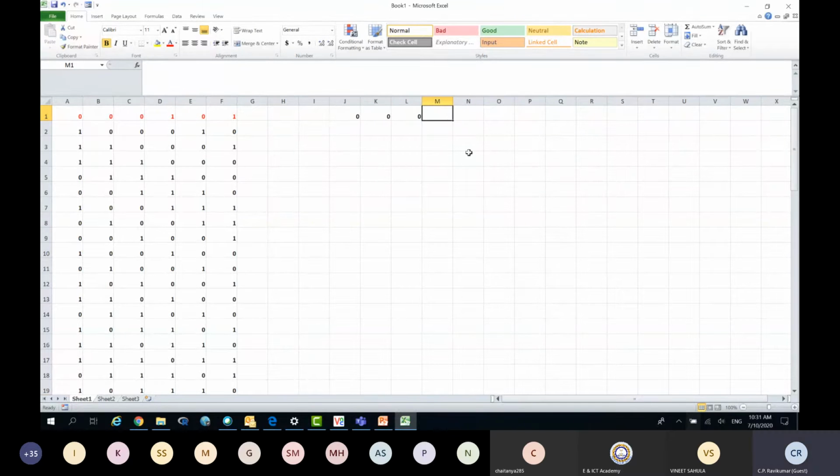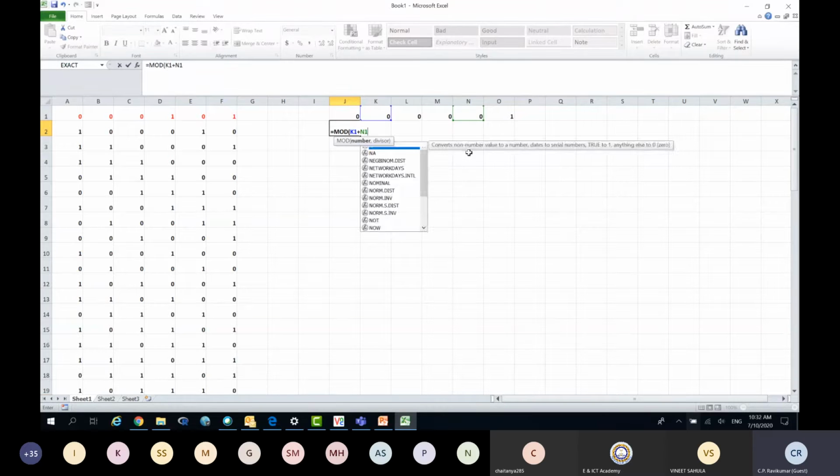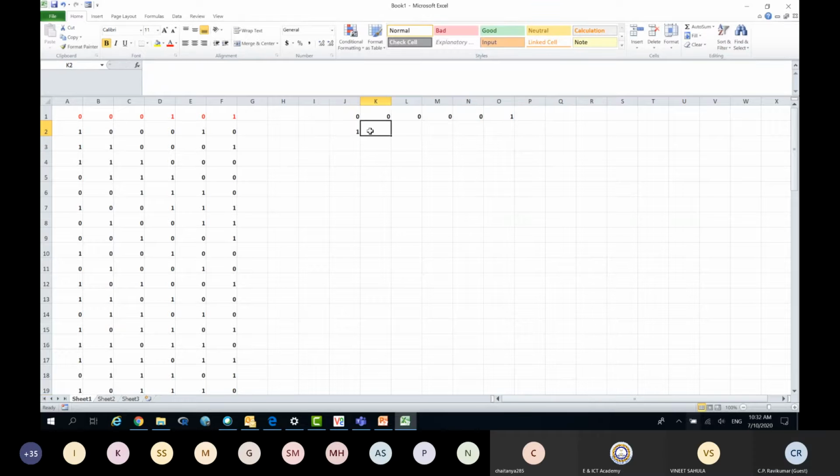So this is mod of k1 plus n1 plus o1, and this is j1. This is k1.